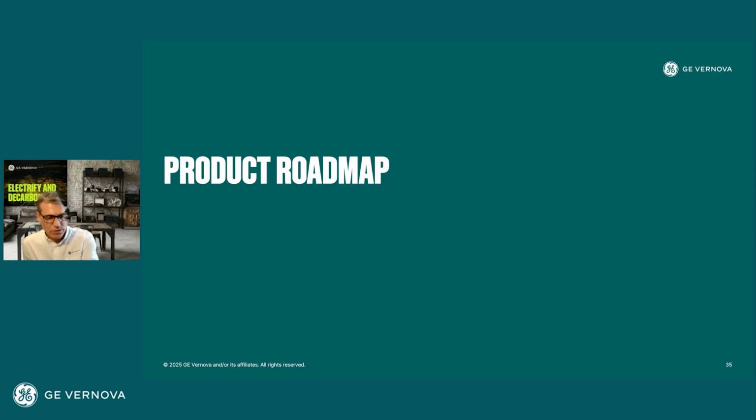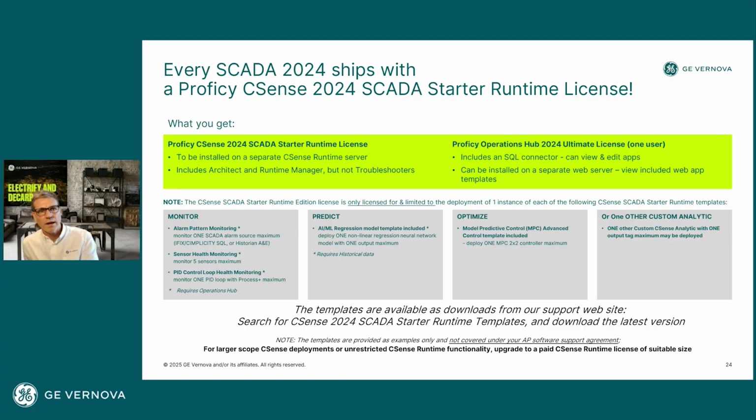Okay, so now let's talk a little bit about some fantastic news. To help you unlock those benefits quicker, we have decided to start shipping what we call CSense starter runtime licenses, which are a free, limited starter runtime license for CSense with all of our SCADAs.